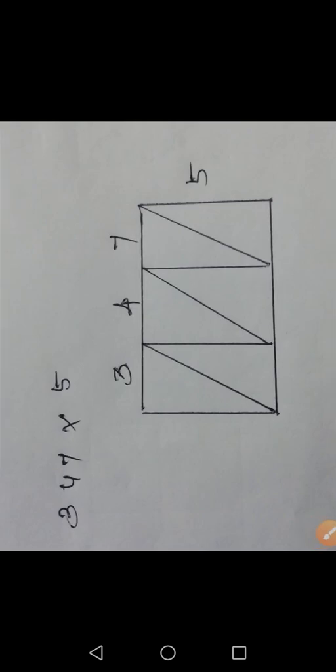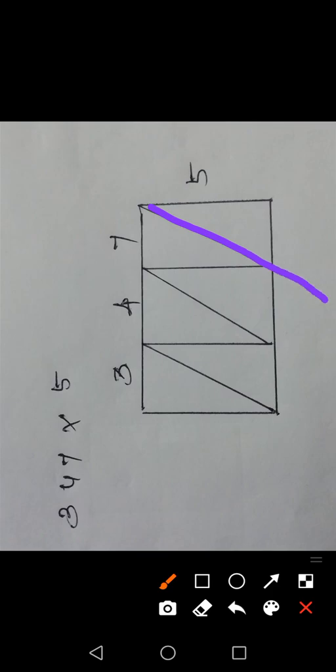Then one more question. 347 into 5. Good. Now how many rows and columns are needed? Very good. 3-digit numbers are given, so 3 columns are needed. We multiply by one number, so 1 row is needed. Then we draw the diagonal lines.